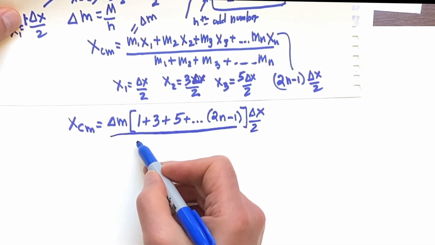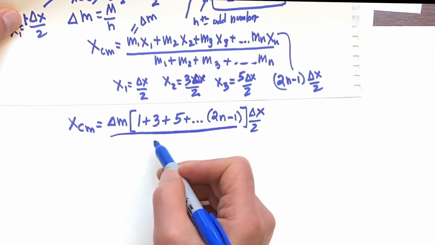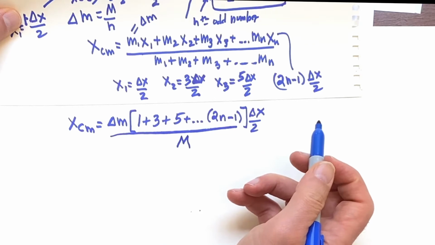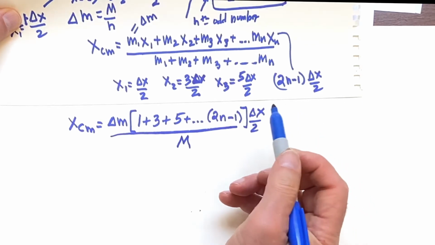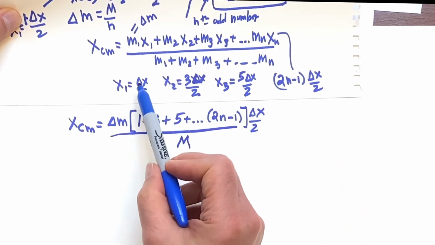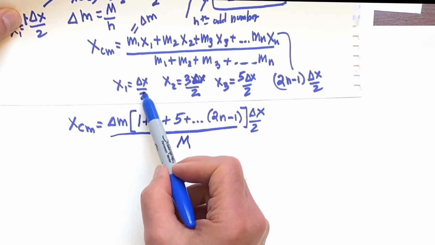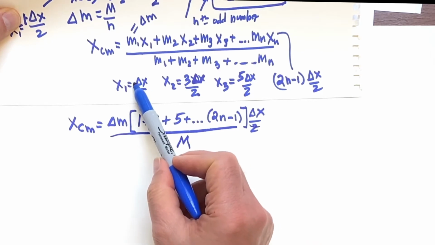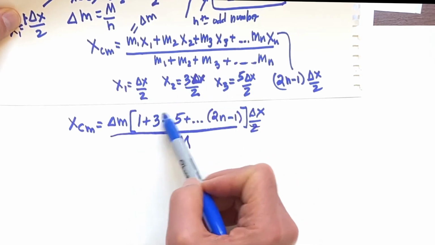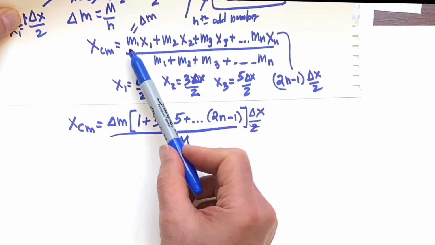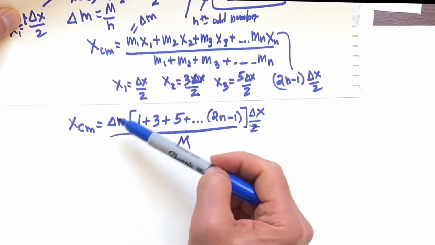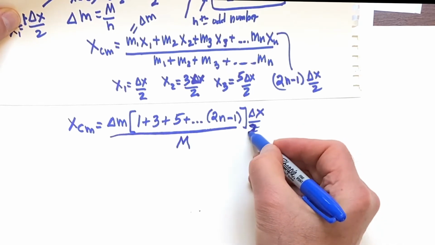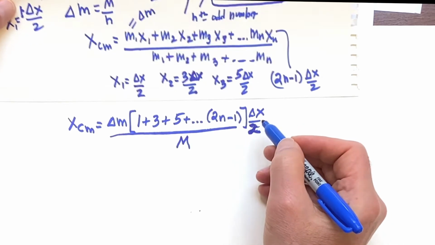So here, delta m plus delta m plus delta m, if you add up all the masses, you're going to get the total mass, M. So this is the relation. All the x's here have delta x over 2, so I put that out here. And then we have the odd numbers, 1, 3, 5, and we have delta m everywhere, so we pulled that out. So there's our formula so far.